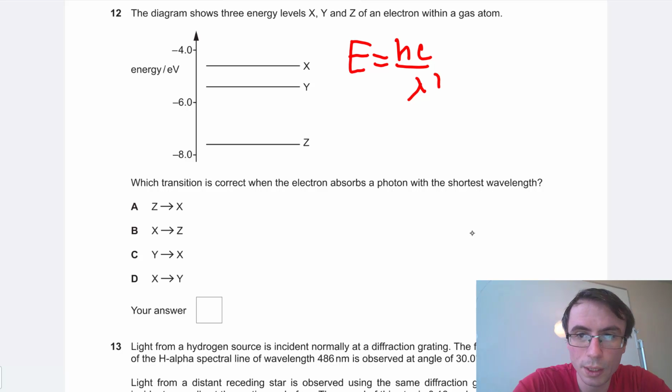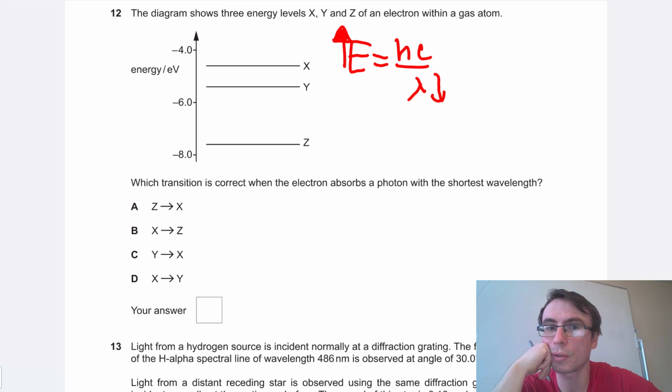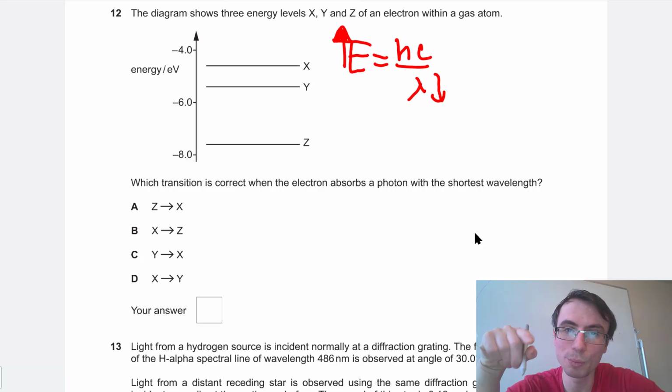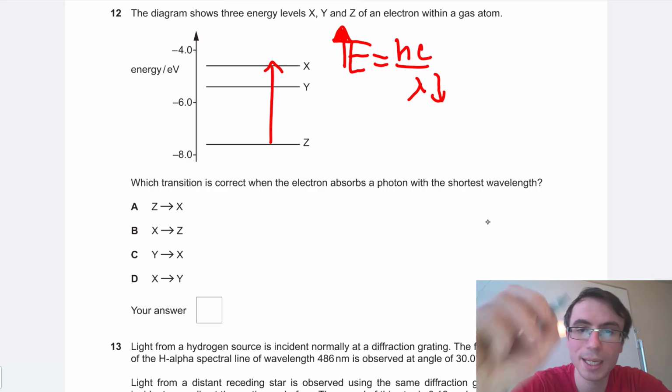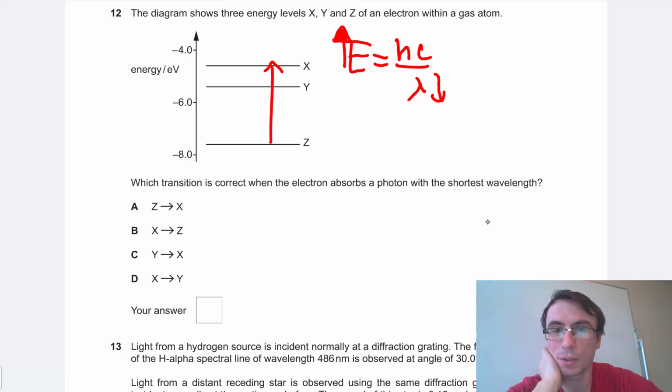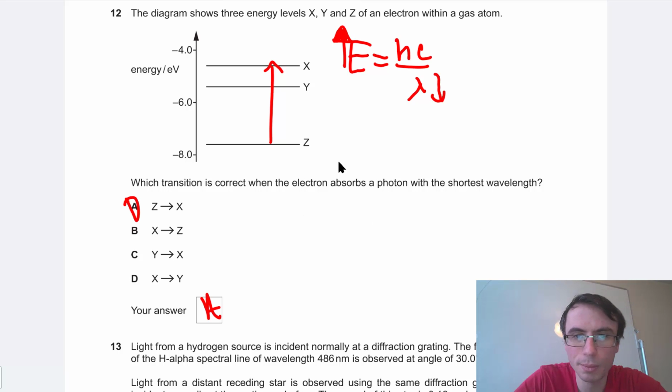The shortest wavelength will correspond to the maximum energy. So we're going to want this to be as large as possible, the energy. And when we absorb a photon, we're going up in energy. So my guess, before even reading the answers, is going to be Z to X. So let's go for that one. A, just a little check, absorbing, so it will have to go up in energy.